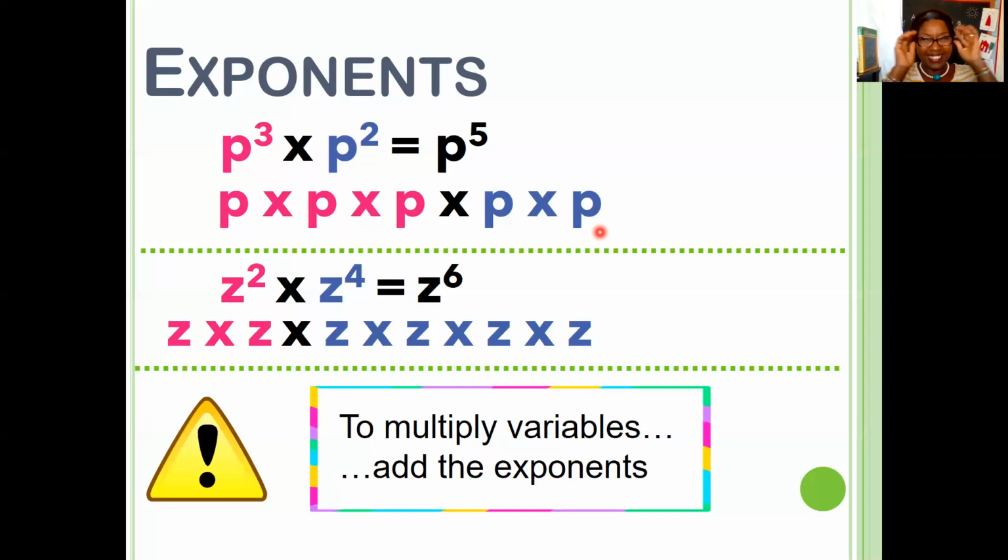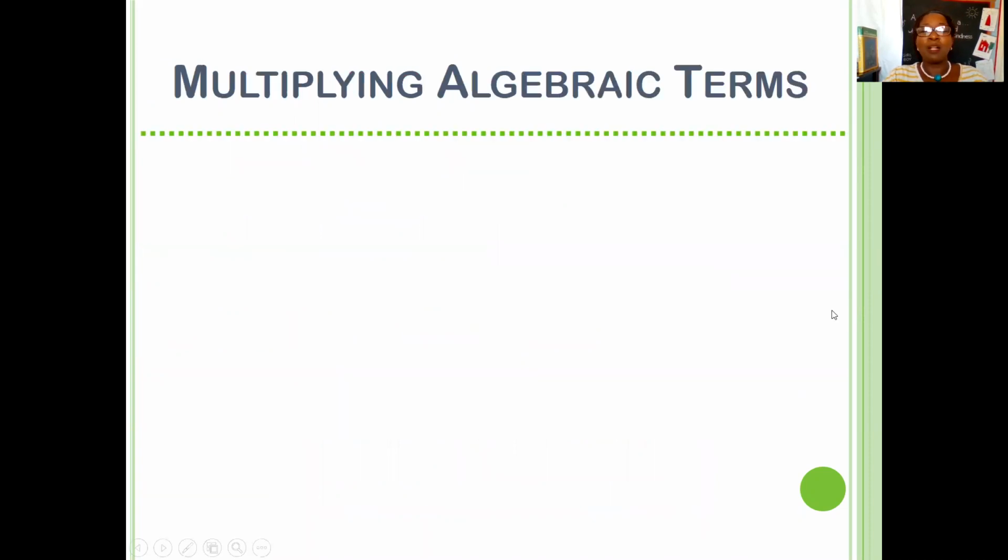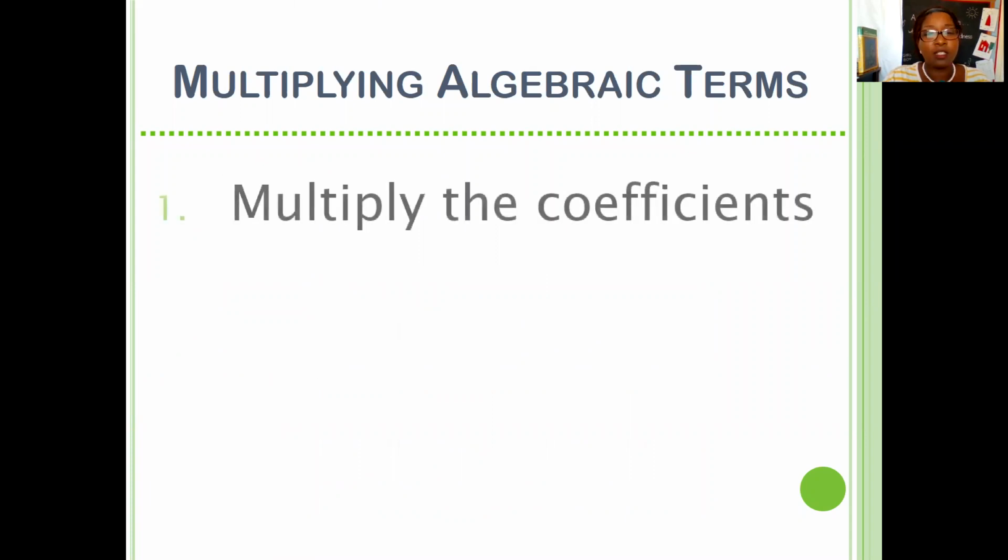All right, let's have some fun. Let's see how well we can put all of these things together. Multiplying algebraic terms. So, step 1, we're going to multiply the coefficients.